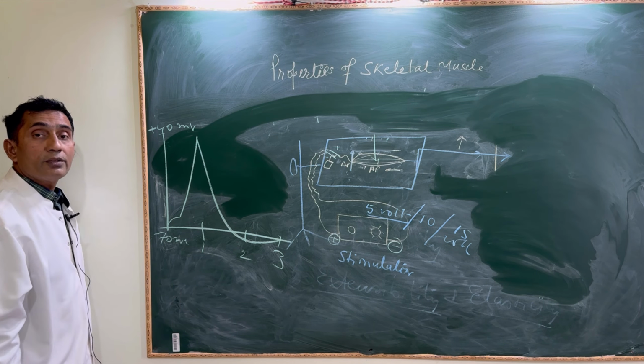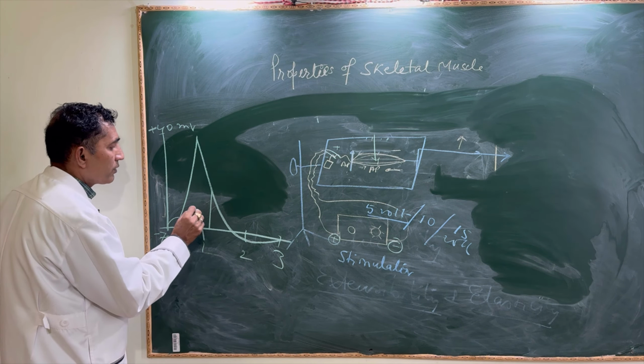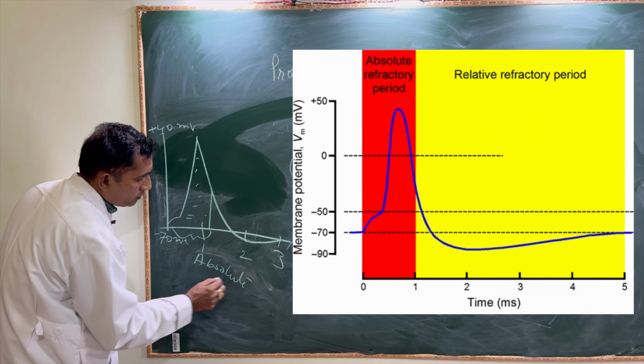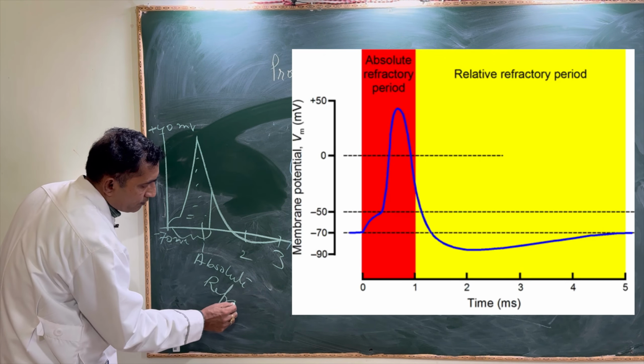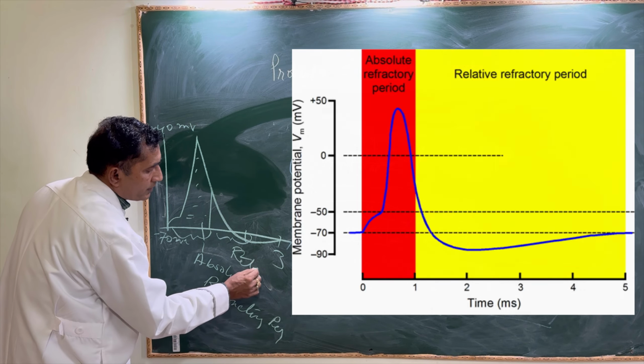I am talking about the refractory period. The refractory period is of two types. The first 2/3 is the absolute refractory period, and the last 1/3 is the relative refractory period.